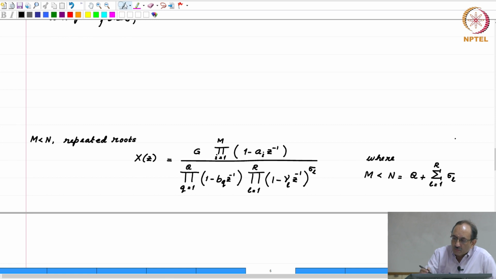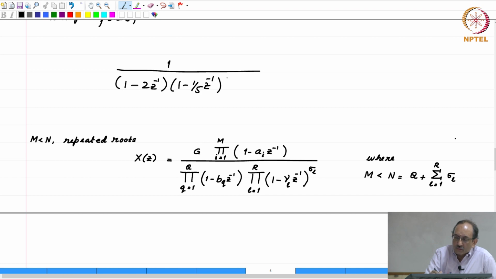All right. So, as a simple example, if I had 1 minus 2 z inverse, 1 minus 1 by 5 z inverse power 2 and 1 plus z inverse power 4. So, this is gamma 1. Remember, I am using gamma to denote the roots that have multiplicity.